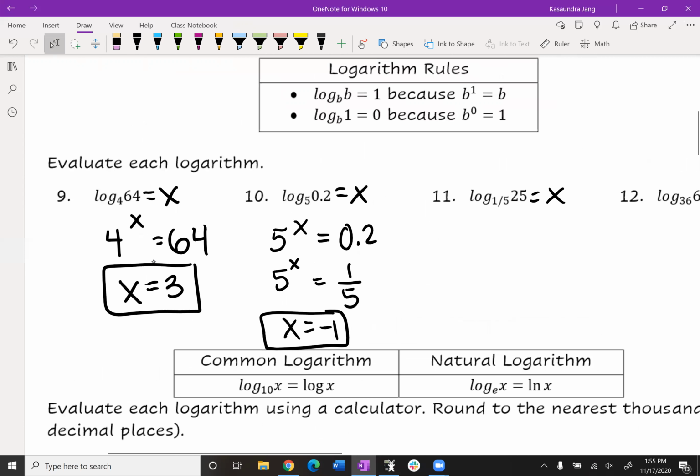This one right here, I'm going to do my base of 1/5 raised to the x. And again, I put parentheses around it. The entire 1/5 raised to the x has to be a 25. There's a hint in this one. Laura, this is kind of what you were talking about. I'm not going to guess it, but I do know that to go from this fraction of 1/5 to a nice whole number, I'm going to have to do the reciprocal.